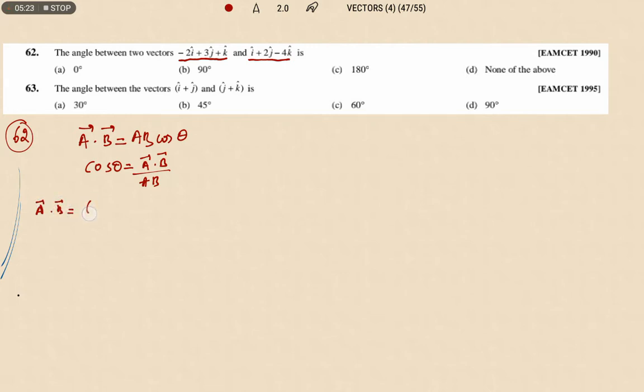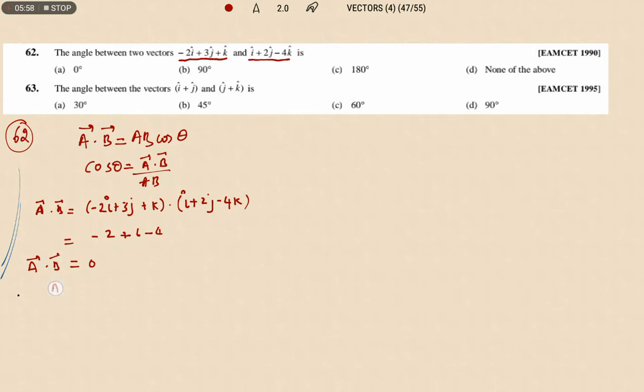A bar dot b bar is (minus 2i plus 3j plus k) dot (i plus 2j minus 4k). So minus 2, plus 6, minus 4. So a bar dot b bar is 0.